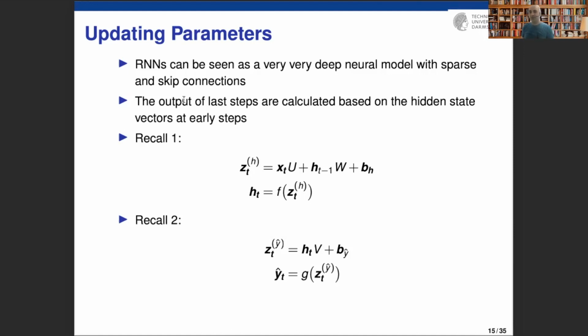So as I said, the output of the last steps is calculated based on the hidden state vectors at early steps. To recall, the value of the hidden state ht at time step t is the output of an activation function on the linear combination of the input vector and the value of the hidden state in the previous step.